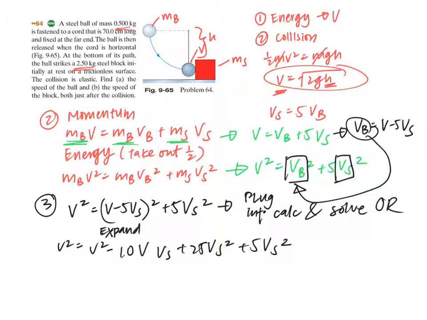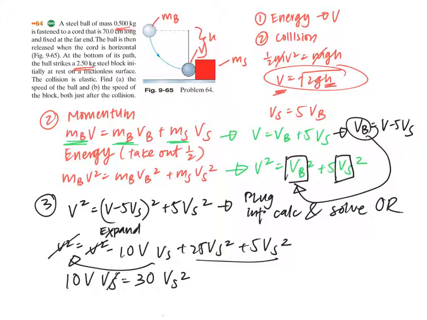And then what you get is these two cancel out, and these two combine, and this one can move to the side. So you get 10 v vs equals 30 vs squared, and then let's take out this vs and this vs. So you get 10 v equals 30 vs.